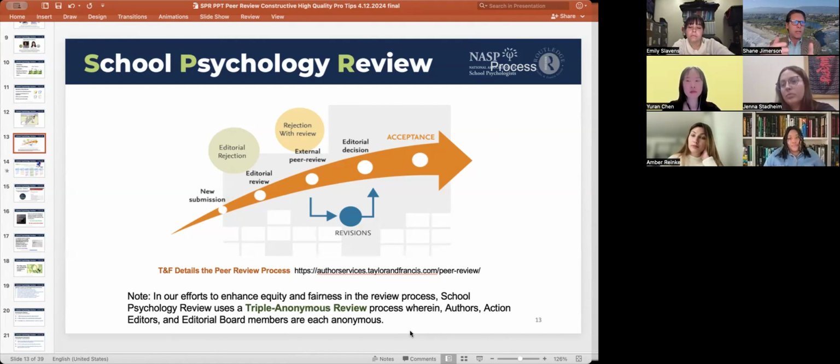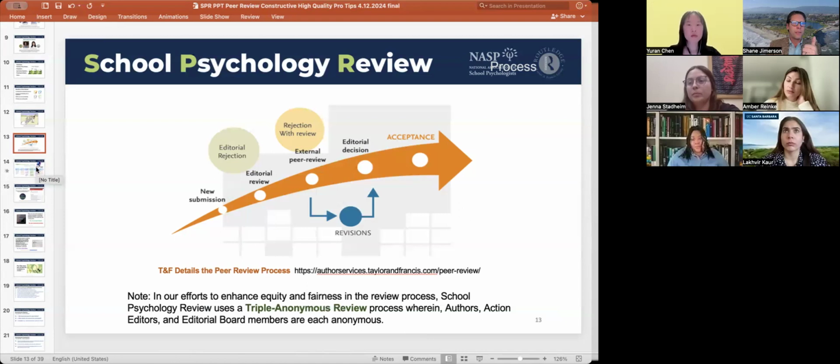Sometimes that gets a bit delicate because the information in some instances can be very identifying, so to speak. So we're always trying to figure out how to best implement the author positionality statement information, and sometimes it gets included within the paper. But in general, we're emphasizing a triple anonymous peer review process. Sound good to everyone? Okay.